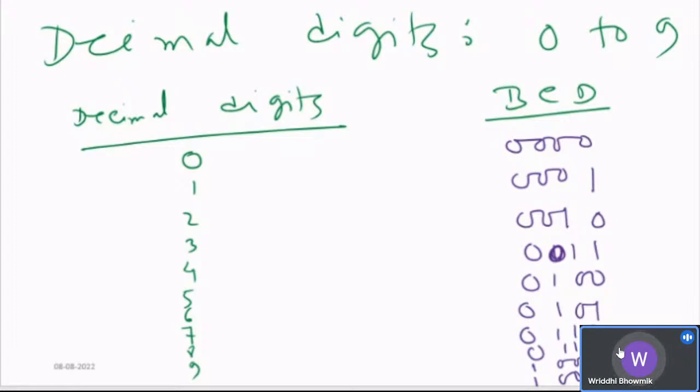So that is why we are using 4 binary digits to encode decimal digits, and it is nothing but the binary coded decimal. And here the interesting thing is that the small n is equal to 4.